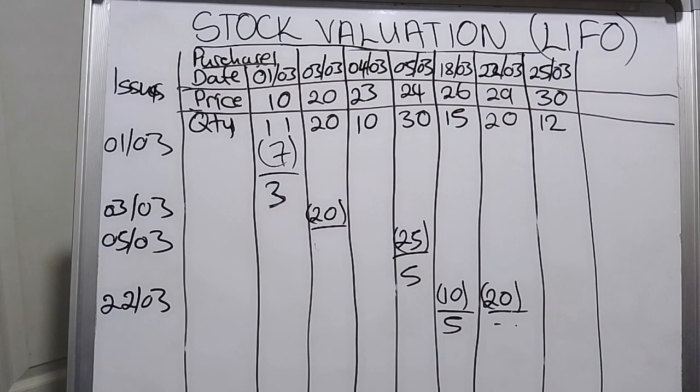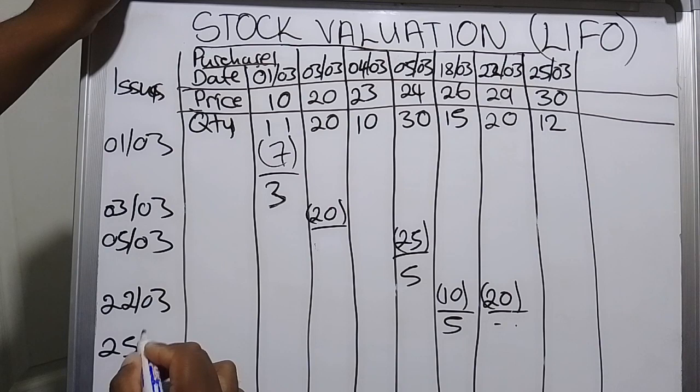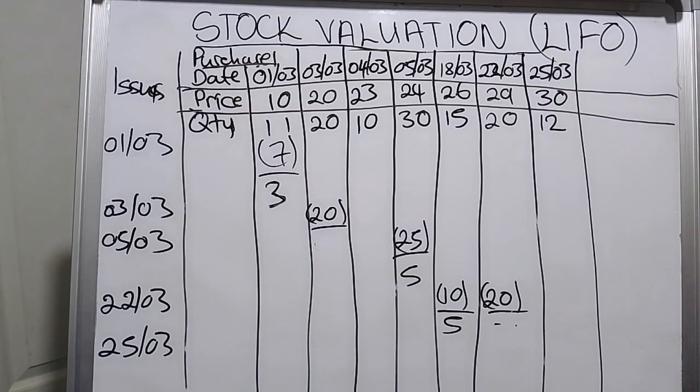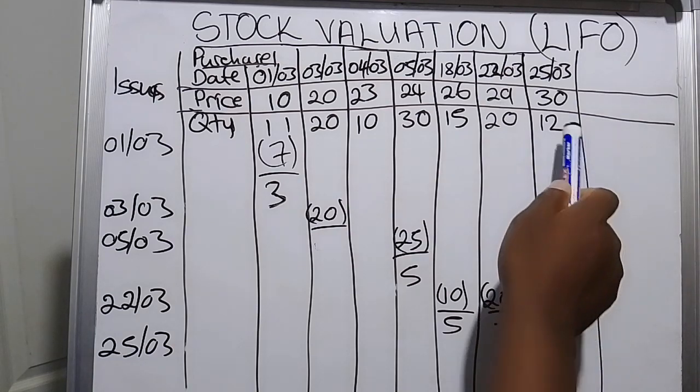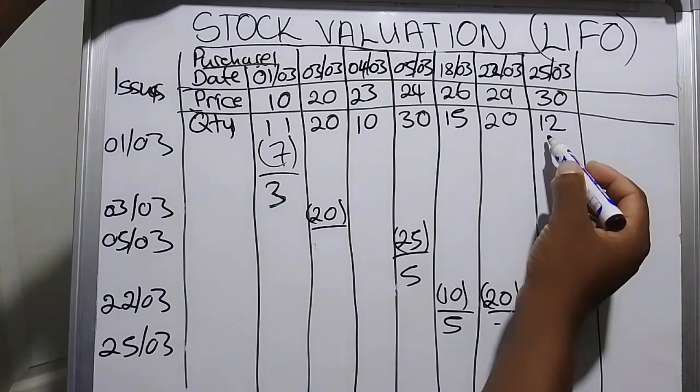Okay, then we move to the next date when we made sales. We made sales on the 25th of March, and we sold 13 items. So we go to the most recent stock. It was stock that we purchased on the 25th. Then we want to sell 13, but we only have 12 here.